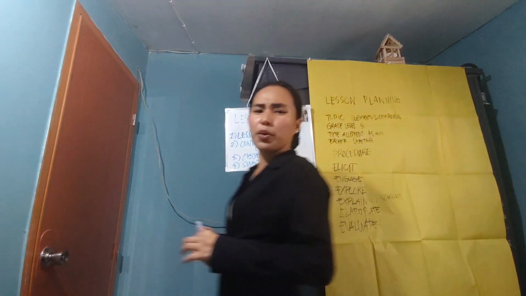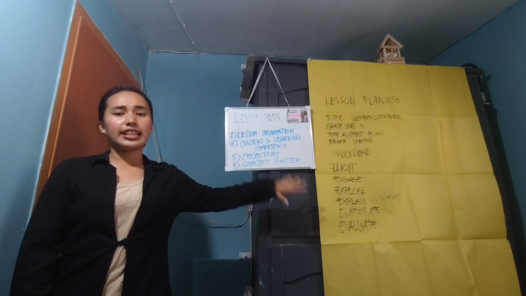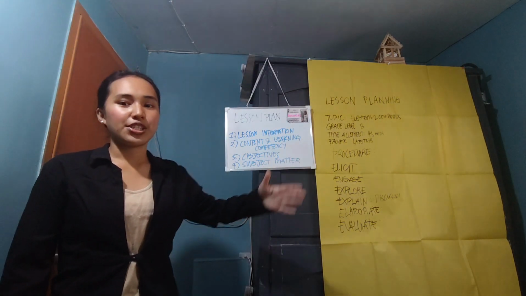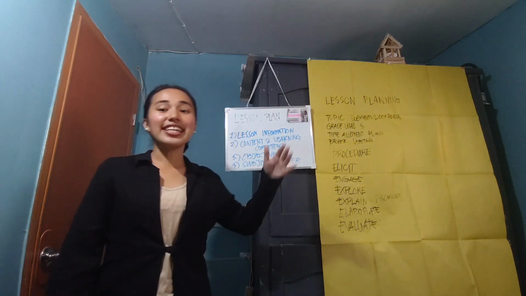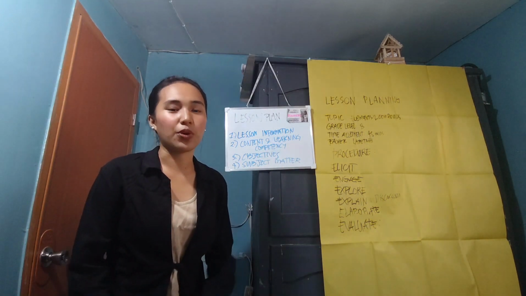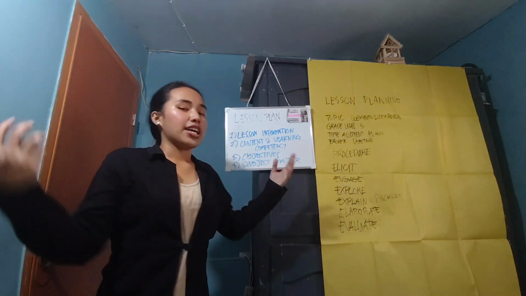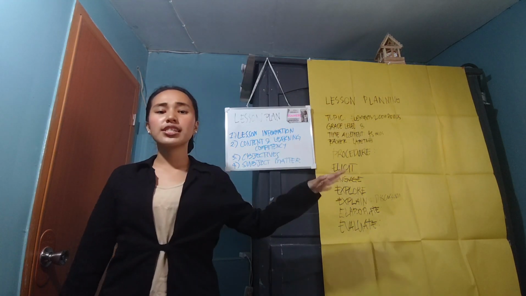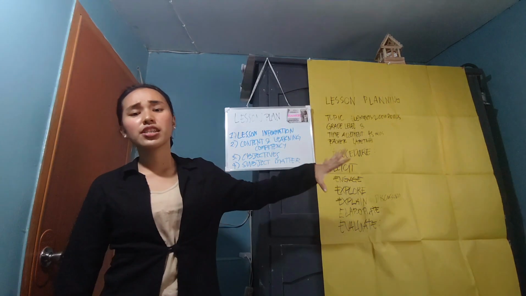Evaluate. So in this part of the lesson plan, the teacher measures the students' learning. So, yes, it is an assessment. The students can answer a short quiz consisting of 3 to 4 questions about the elements and compounds.